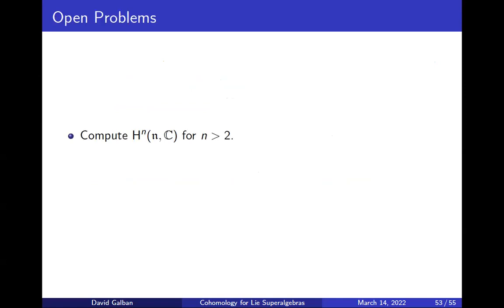Now, some open problems would be, from the first section, to compute what these H^n of N C are for n larger than 2. This recursion idea that I mentioned at the beginning could possibly be extended, but the higher the degree you go, the more computationally complex it gets.